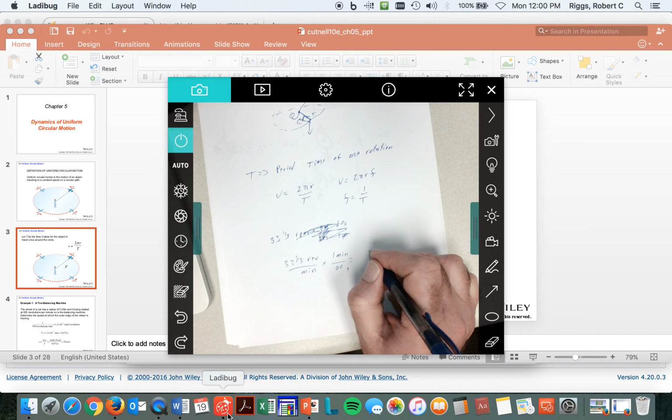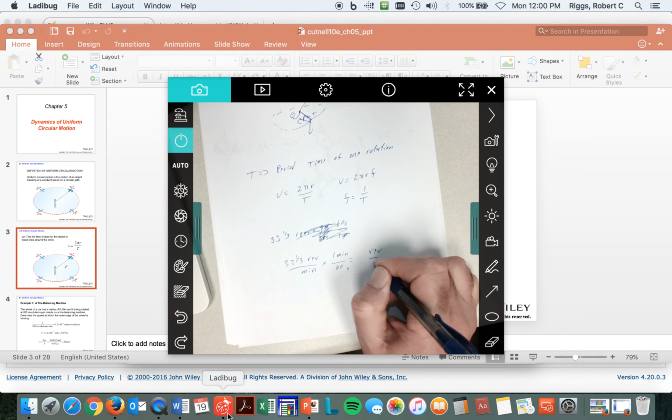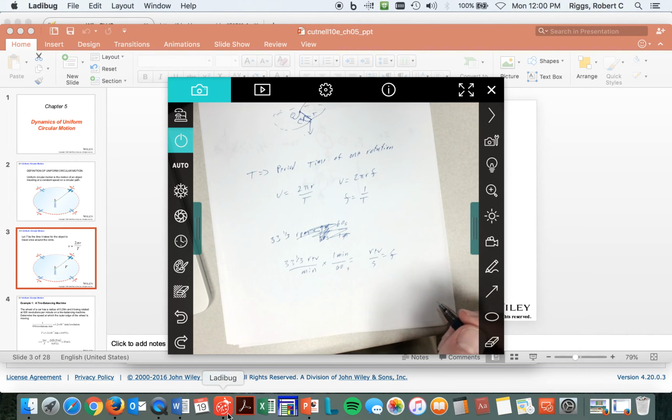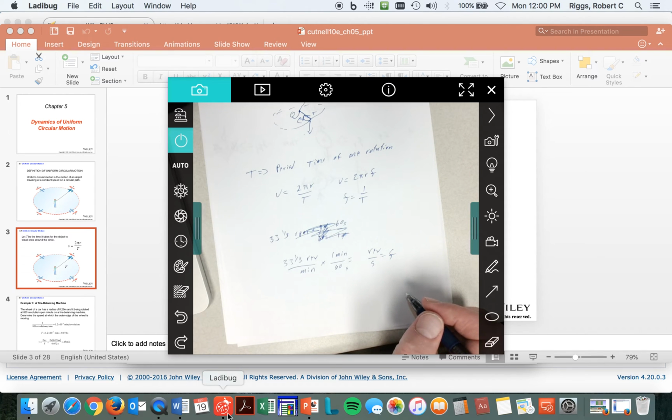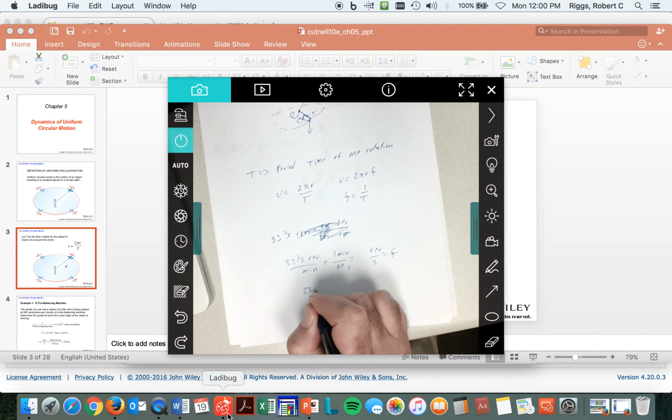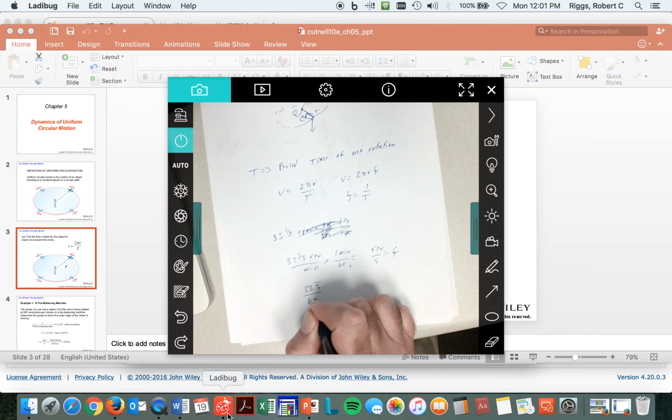That doesn't make sense at first, oh, it's because I was screwing that up. So 33 1/3 revolutions per minute, I multiply by 1 minute divided by 60 seconds to get my revolutions per second, and that's your frequency. So if I take 33.33 repeating divided by 60 seconds, that's my frequency.